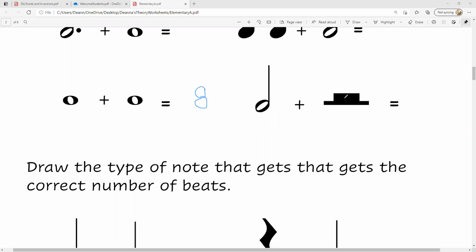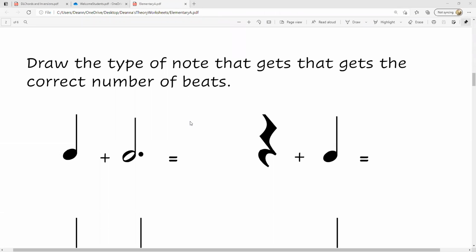Half notes get 2, half rests get 2. 2 plus 2 is 4. Pretty slick, huh? And you're staying with it. You're doing great. Let's scroll down.